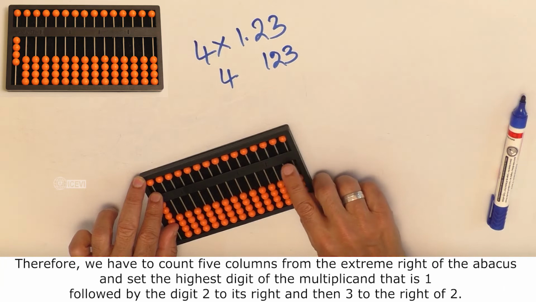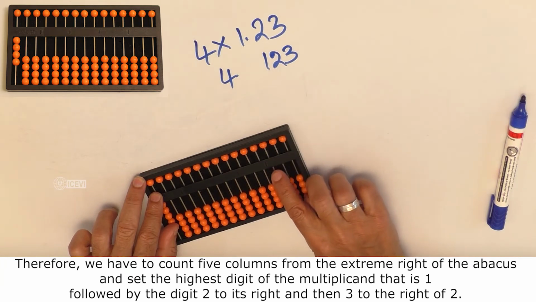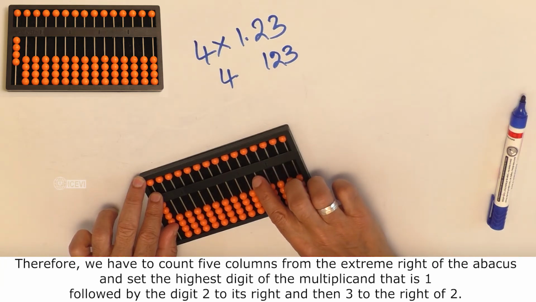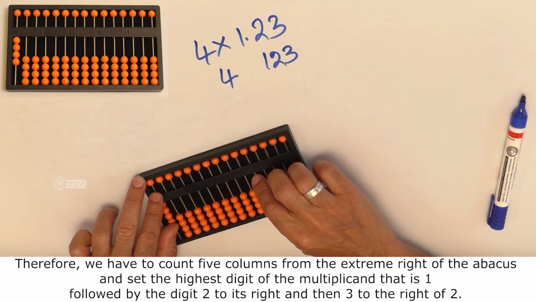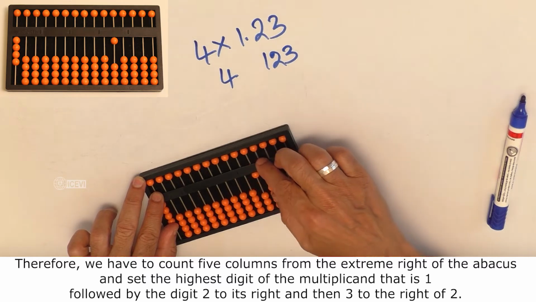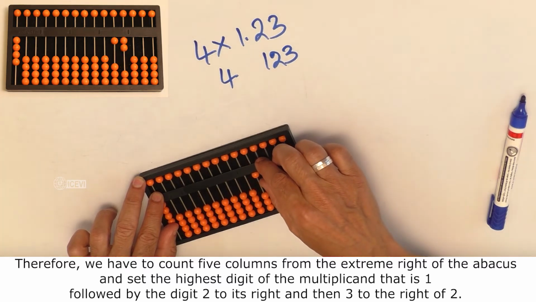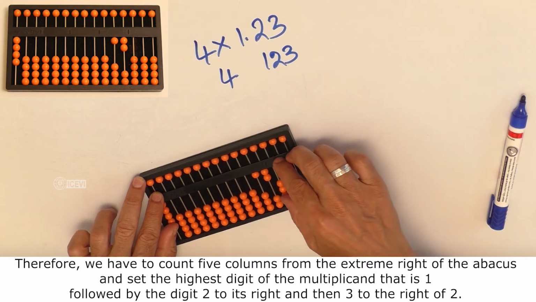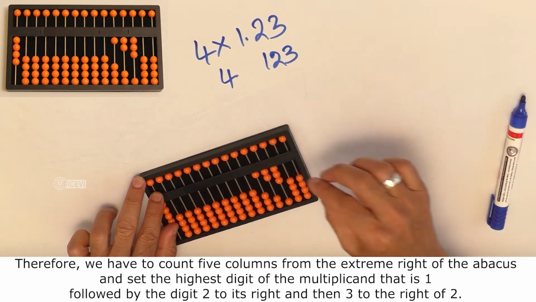Therefore, we have to count 5 columns from the extreme right of the abacus and set the highest digit of the multiplicand, that is 1, followed by the digit 2 to its right and then 3 to the right of 2.